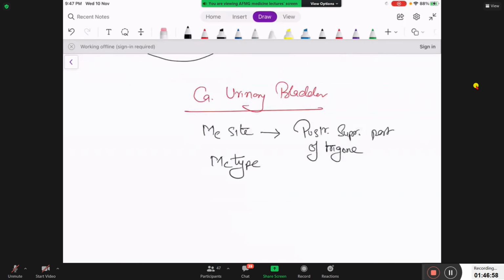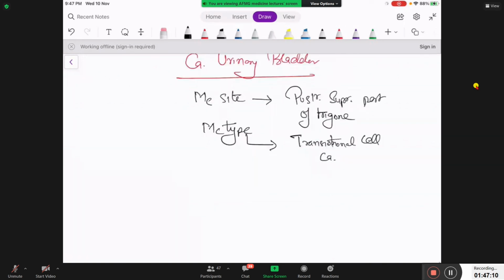Most common type is transitional cell carcinoma. In risk factors, we should know the most important risk factor is smoking.